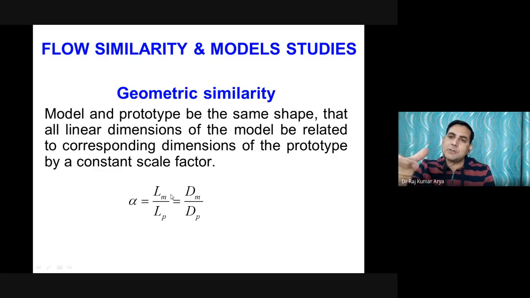Its width should also change by the same magnitude. So this scale factor should remain the same for all dimensions, be it length, width, or height. The same thing applies to its wheels, each and every part. Finally, its total appearance should change by the same factor. This is called the scale factor. That's called geometric similarity.